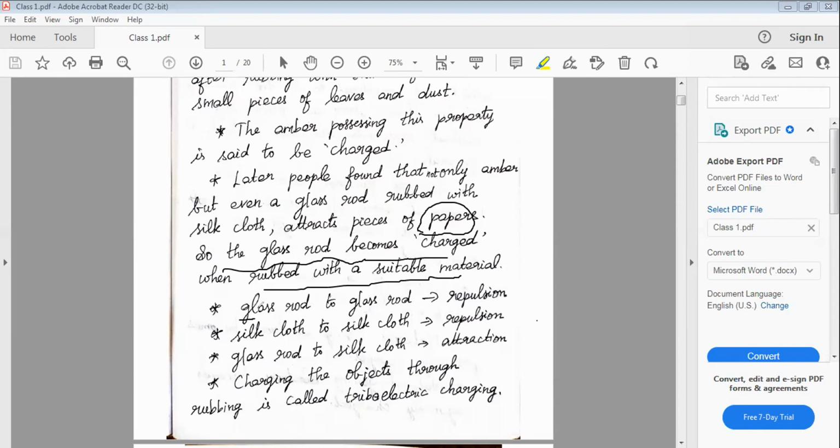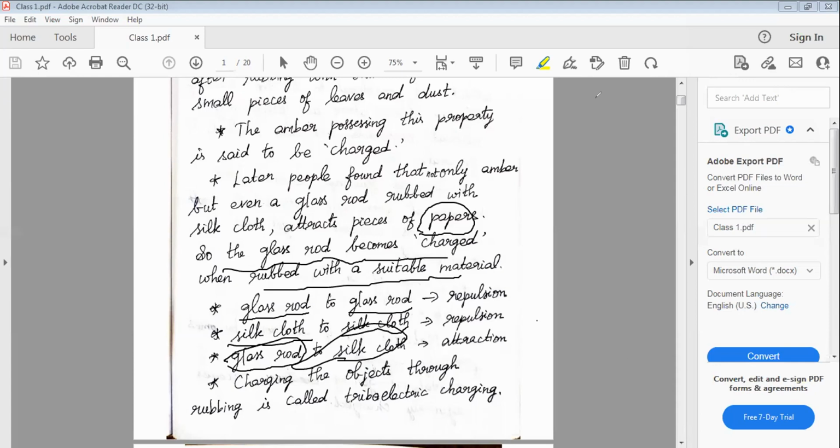Moreover, when you bring this charged glass rod near another charged glass rod, they found that both repel each other. When they brought this silk cloth near another silk cloth, both repel each other. And when they brought the charged glass rod near the charged silk cloth, they attracted each other.